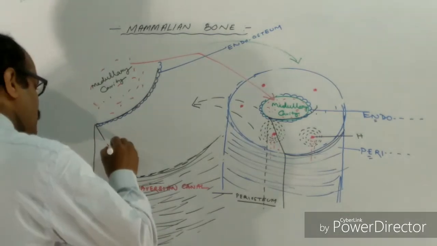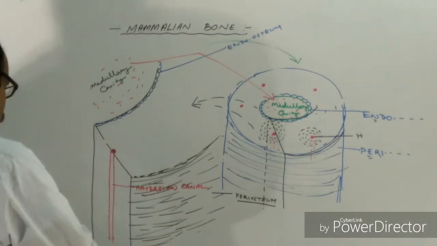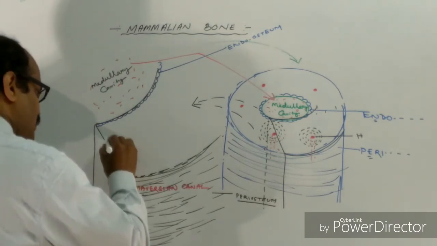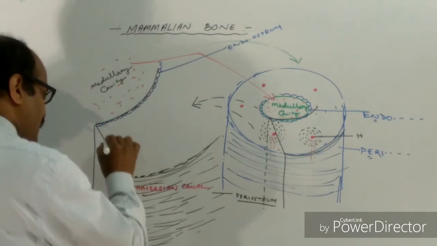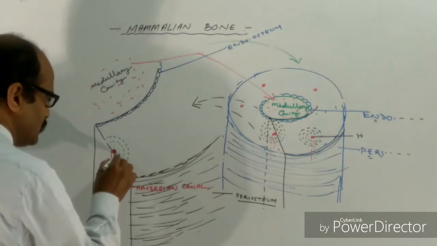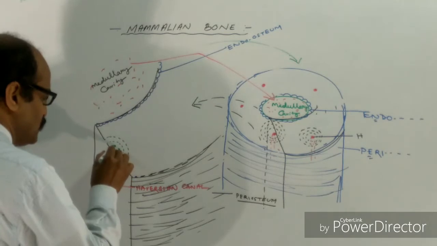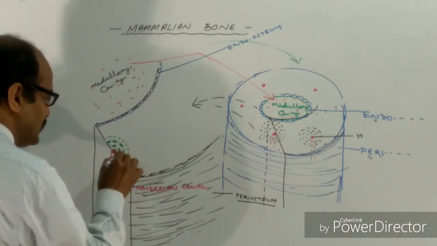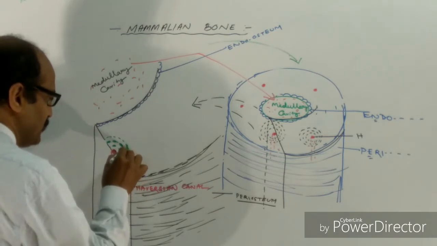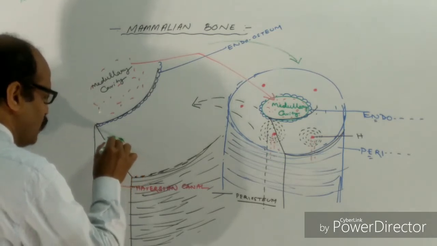Around the Haversian Canal, there is the concentric layer of bone cells. So these are the osteocyte cells. Osteocyte cells have the canaliculi, as I told earlier.